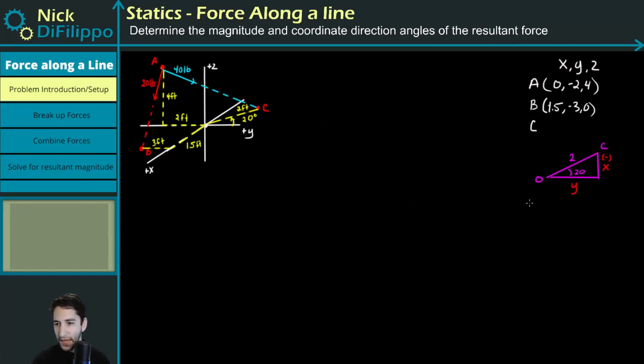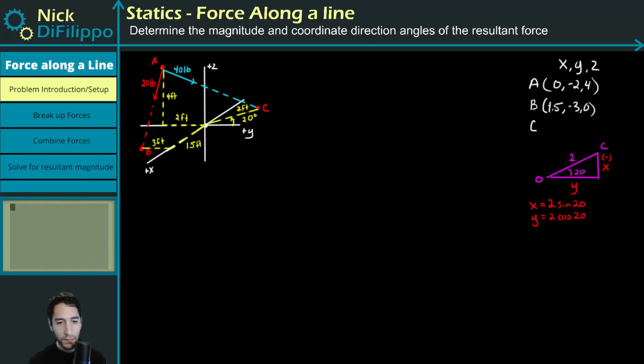So X is going to be equal to 2 times the sine of 20, and Y is going to be equal to 2 times the cosine of 20. Let's calculate what these values are.